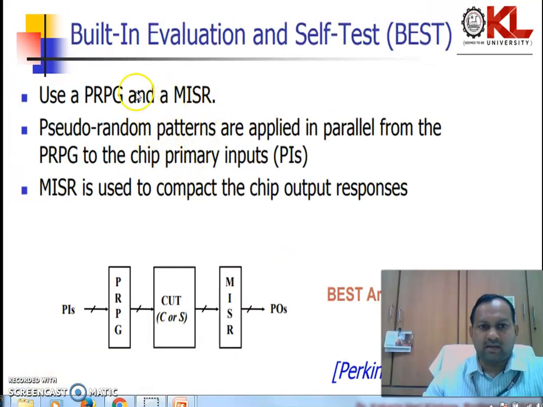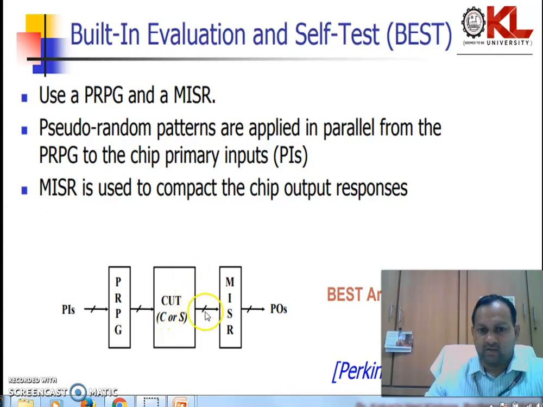Coming to the second architecture, built-in evaluation and self-test, Perkins introduced it in 1980. The primary inputs are connected to the pseudo-random pattern generator, and this pattern generator is connected in parallel to the CUT. This CUT tests the circuit, combinational or sequential.